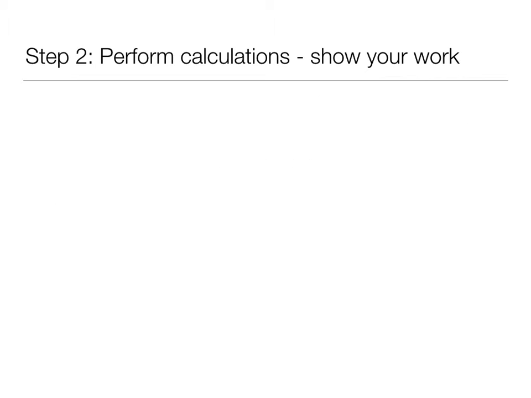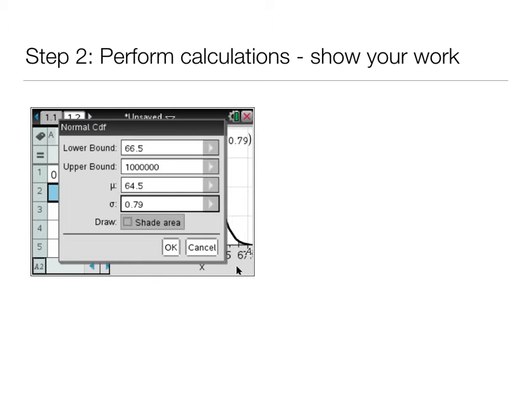Again, perform the calculations. You would essentially put in the same information as you did before in part A, but you're changing the standard deviation from 2.5 to 0.79 because we now have a sample size of 10.